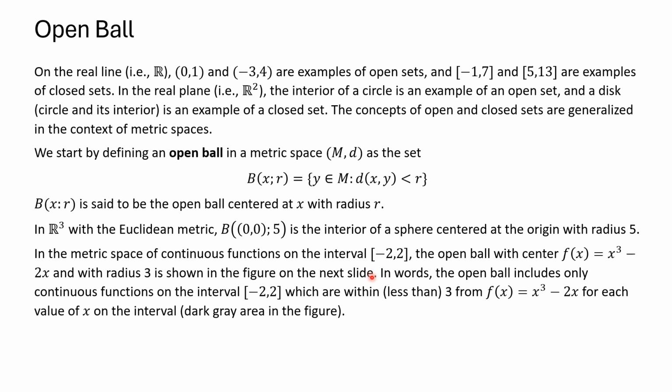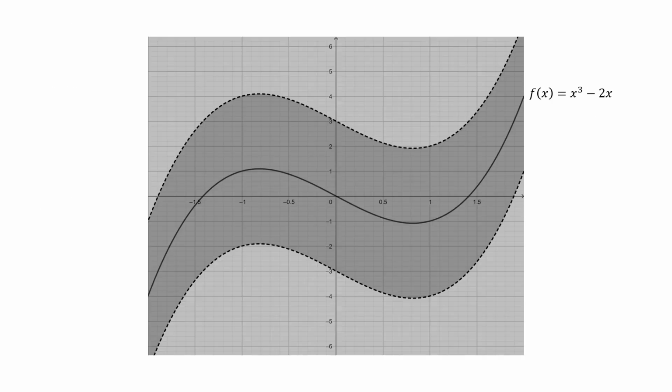It'll be clear when you see that. In words, the open ball includes only continuous functions on the interval -2 to +2 which are within less than 3 units from our center, f(x) = x^3 - 2x, for each value of x in our interval -2 to +2. Let's see what that looks like on the next slide.